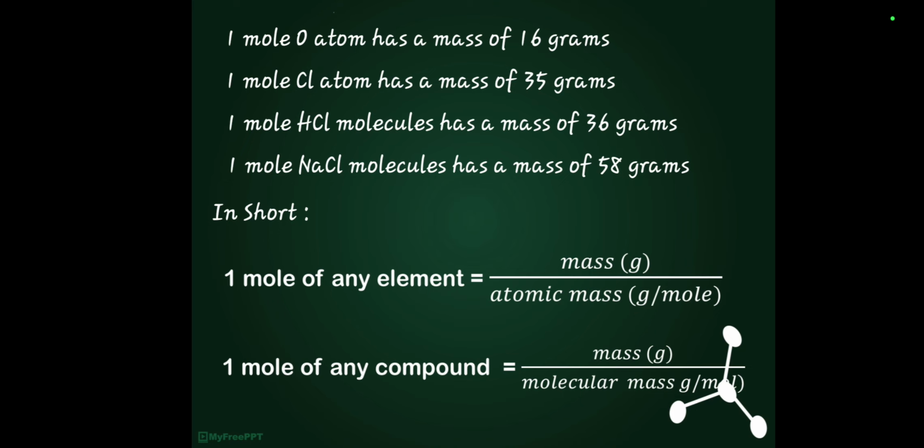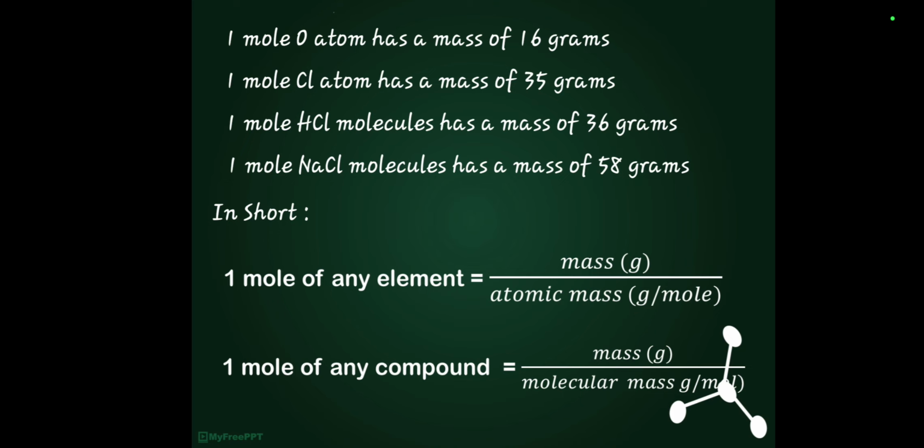So from the element, we now have a compound, hydrochloric acid. 1 mole of hydrochloric acid molecules has a mass of 36 grams. Where do we get the 36 grams? You just add each element. We have 2 elements here, hydrogen and chlorine.